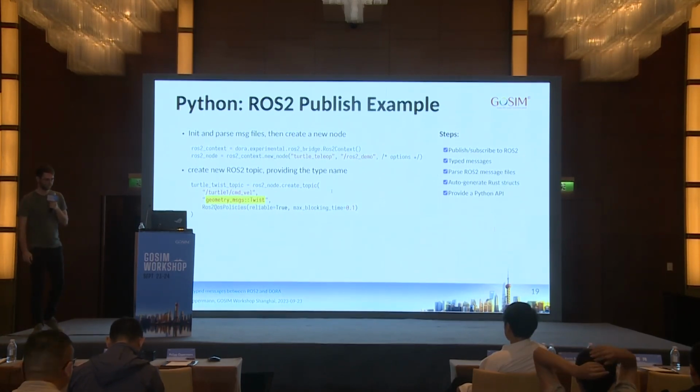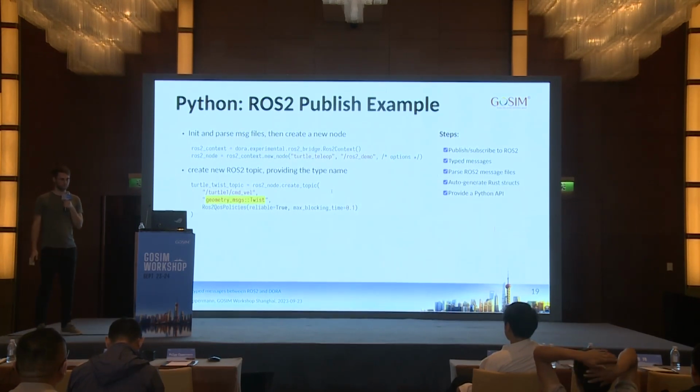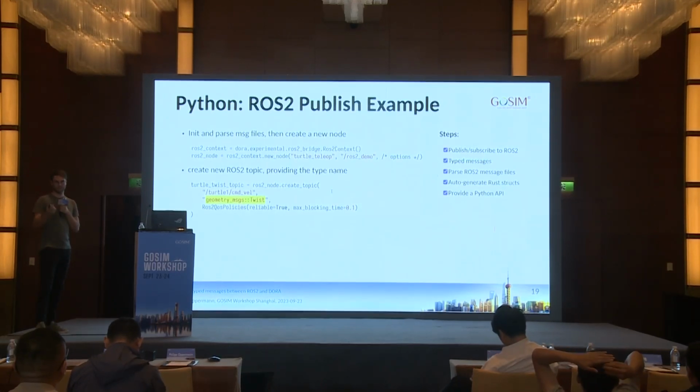Yeah, then let's finish with an example of how all these components play together. So first we want to publish something to ROS2 using Python. As with the Rust code, we first create a context. This time, this will also, behind the scenes, parse all the ROS2 message files and keep track of the types.